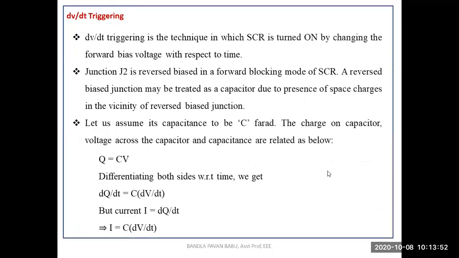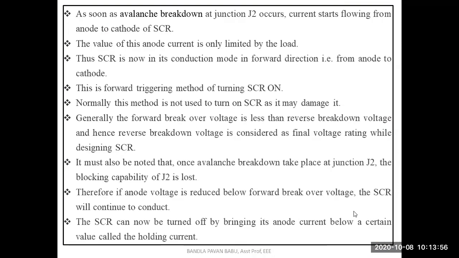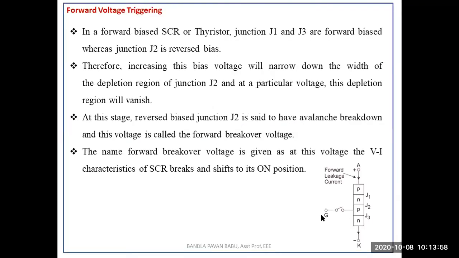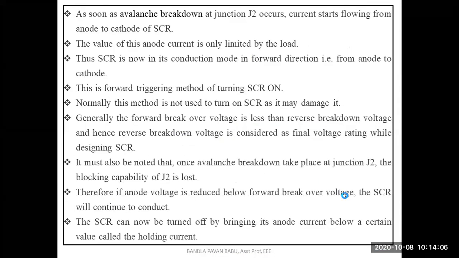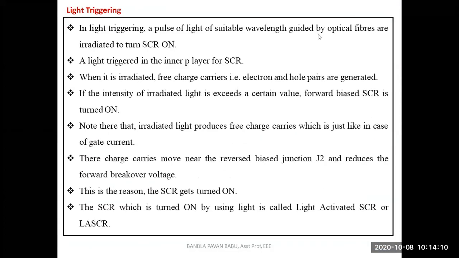I'll show you once. Where the gate terminal is available, at this same P layer, light is triggered here. How is the light triggered? With the help of the optical fiber. So light is triggered in the inner P layer of the SCR.